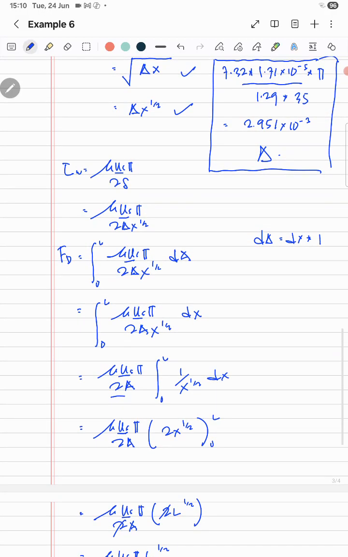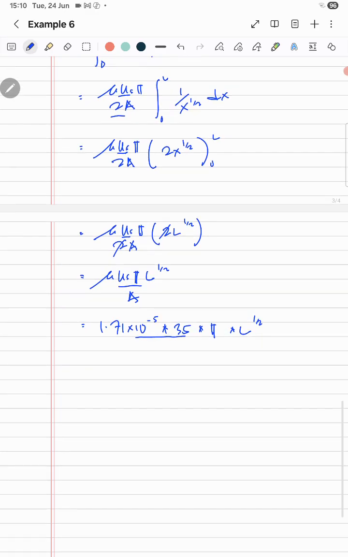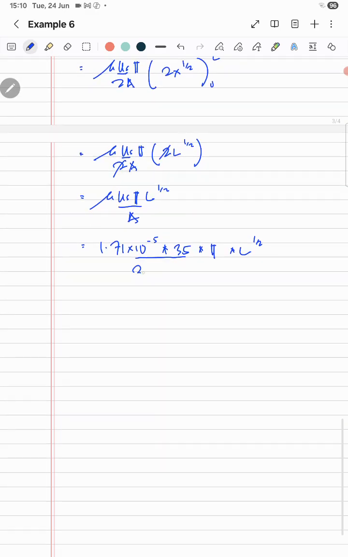We already got a, which is 2.951 times 10 to the minus 3. From my calculation I got 0.6371 L to the power of 1 over 2.